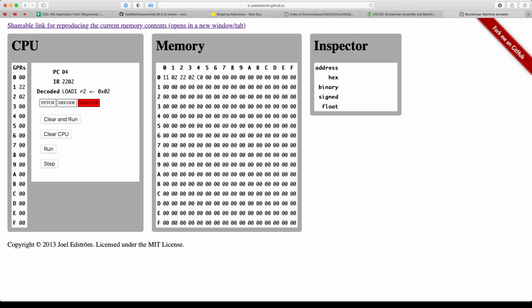And bam, there it is. And then the process continues. So what's the program counter now? Well, 04 and 05 would be where the next instruction is, which is C000. All right, what does that say to do? Stop. Execute terminates program execution.